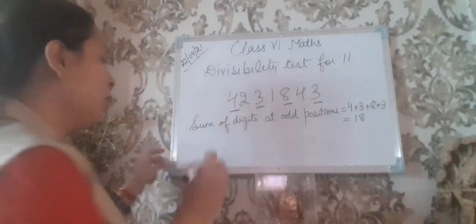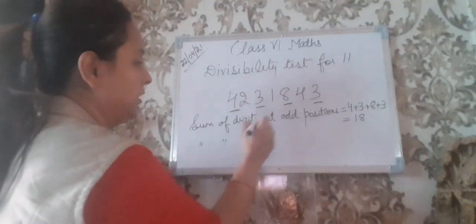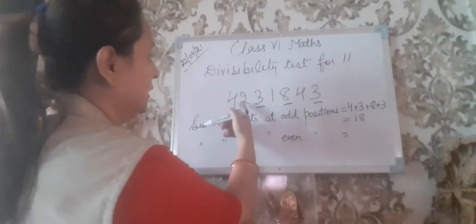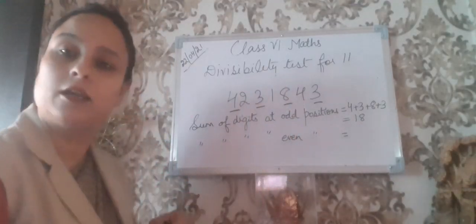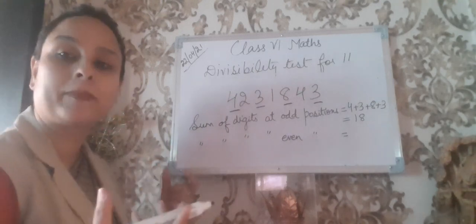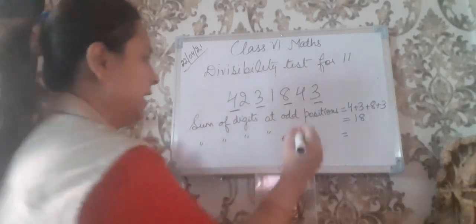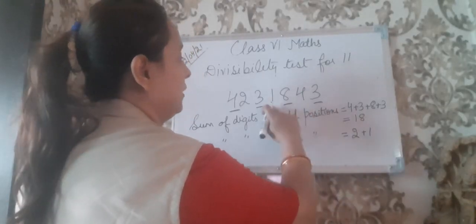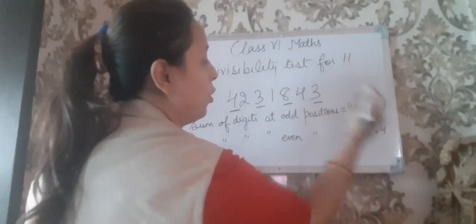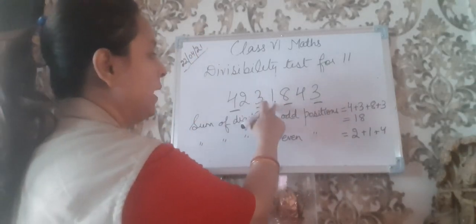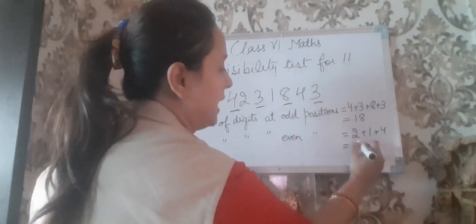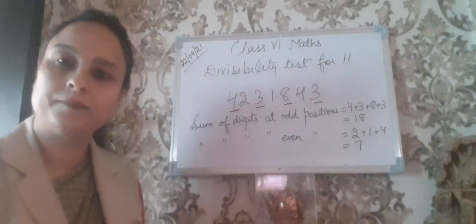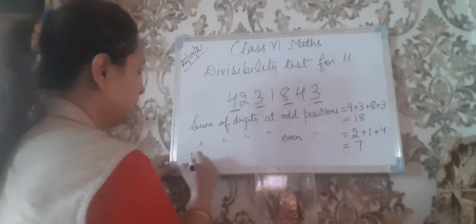Right? What is the sum of the digits at even positions? These are the even positions. Find out what is the sum of these digits. It will be 2 plus 1 plus 4. That is 7. Understand?